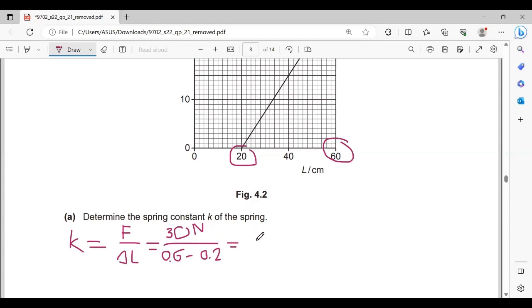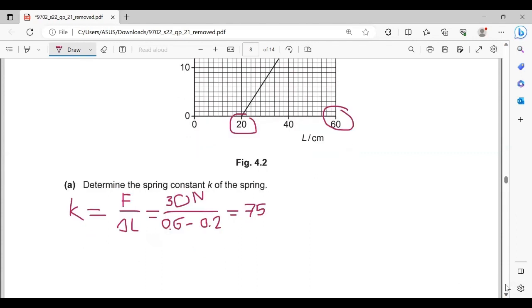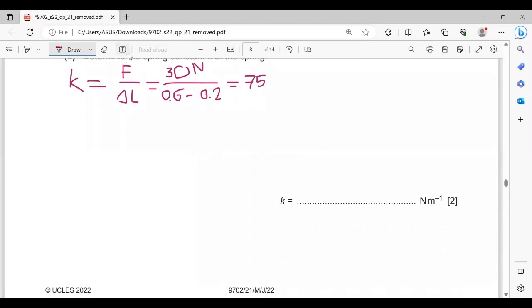So equal 30 newtons over 0.4, 75 newton per meter. Okay.